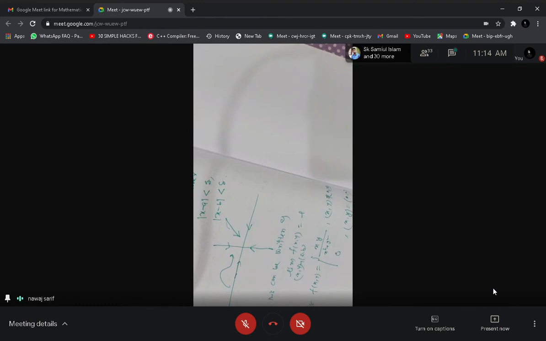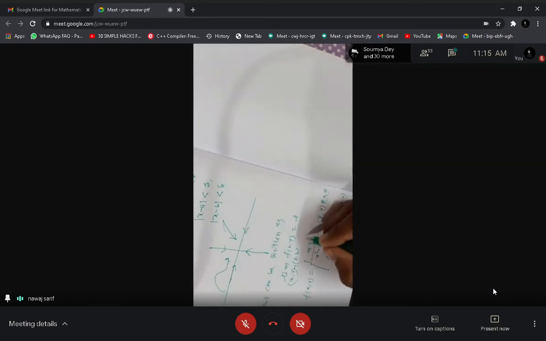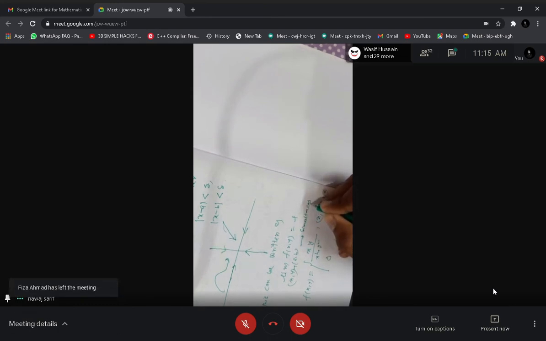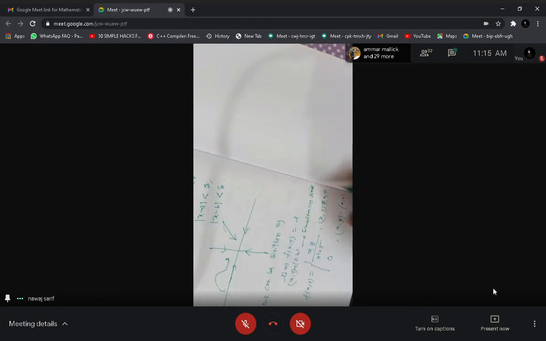First of all, write down that when the limit is as (x, y) tends to (a, b), this is called the simultaneous limit.